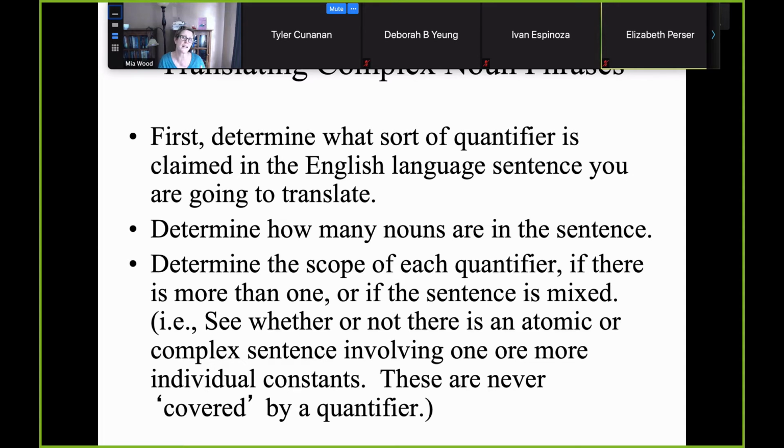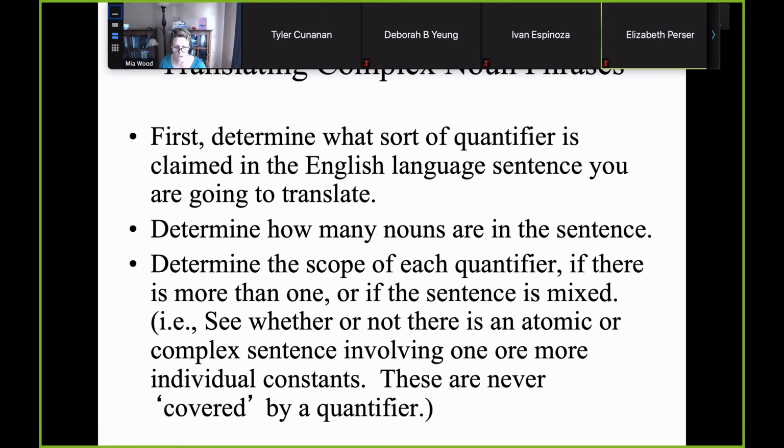More specifically, it's the entirety of the dog class related to barking things. And so when we've got multiple classes of thing, and the scope of the quantifier covers every single one of those classes, we've got our parentheses, right?